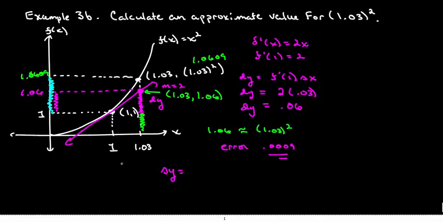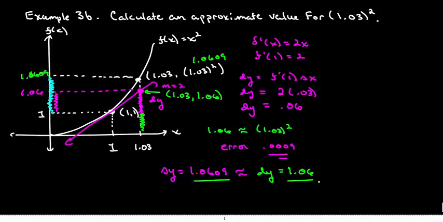So delta y is 1.0609, which is approximately equal to dy, which is 1.06. So what we've done is use a linear equation, the tangent line, to approximate the actual change in the function. The actual change is this. Our approximated change is 1.06.